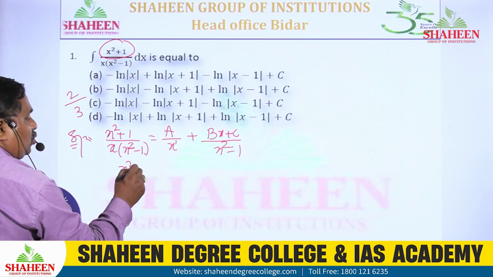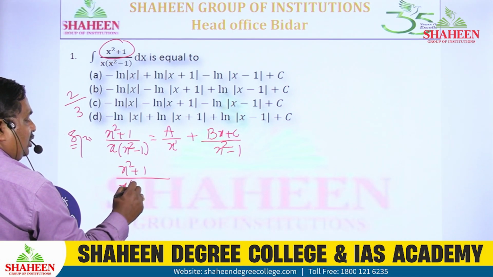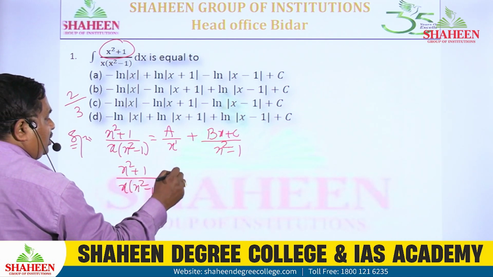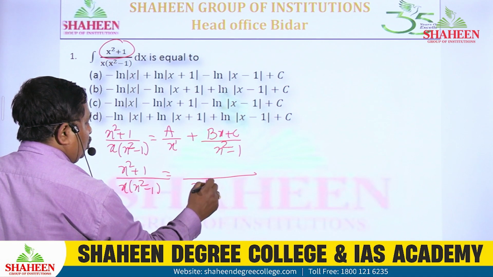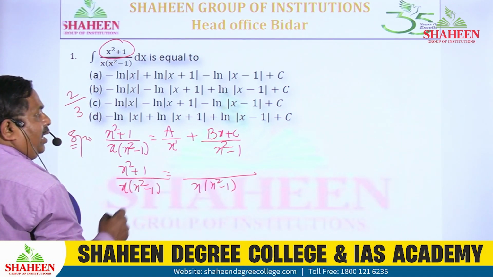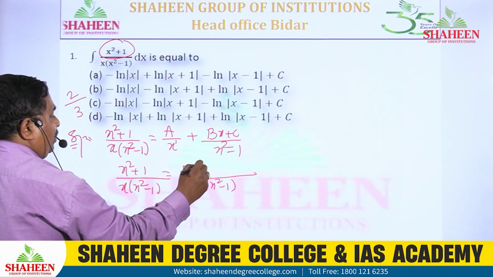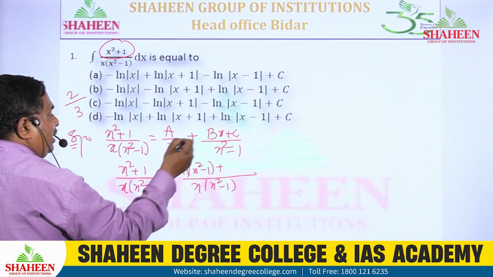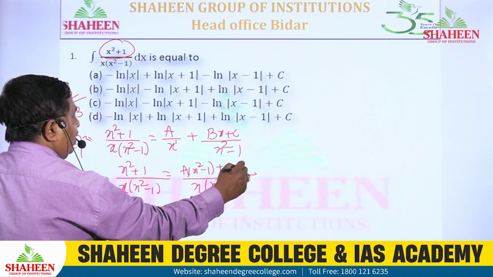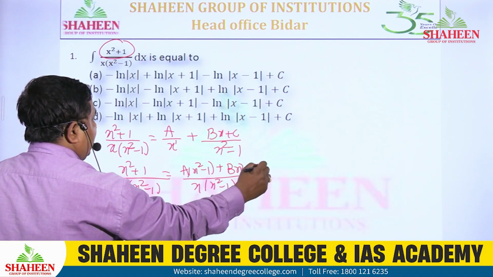We will get x square plus 1 divided by x into x square minus 1 is equal to, the LCM is x into x square minus 1, and the numerator is cross multiplied: a into x square minus 1 plus bx into x, that is bx square, plus c into x, that is cx.